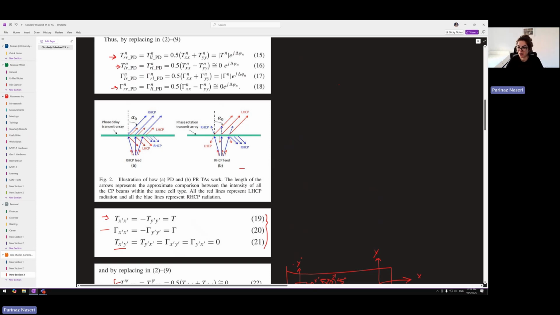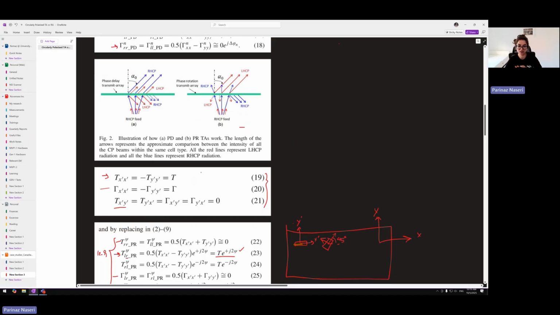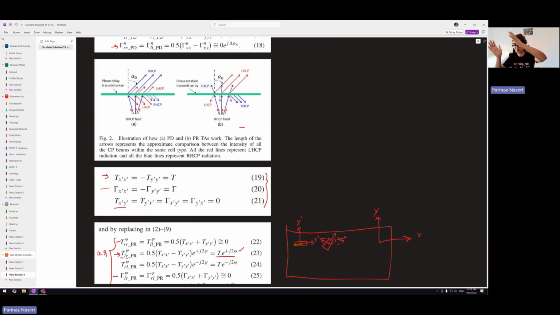Okay, so what happens? The RHCP wave that is getting excited, if we design this correctly, is going to get converted to LHCP and get converged to the wave, if this psi is designed based on the phase distribution that we would need.